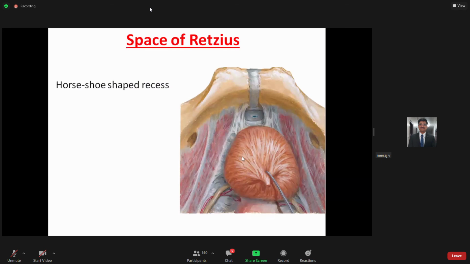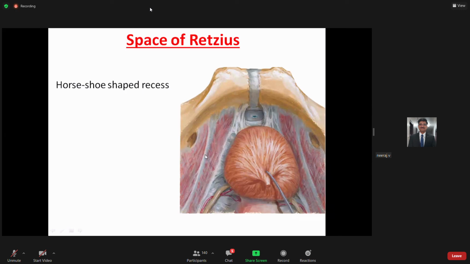So the space of Retzius is basically a horseshoe-shaped recess. You are looking from the superior aspect. This is the apex, so basically this is the apex of the urinary bladder. This is the space which is present between the inferolateral surface of the bladder and the wall of your pelvis.